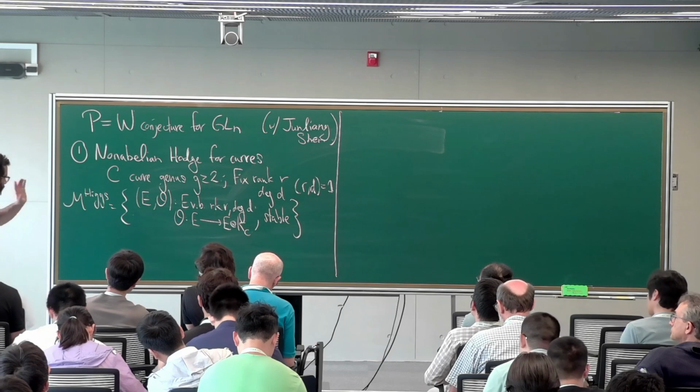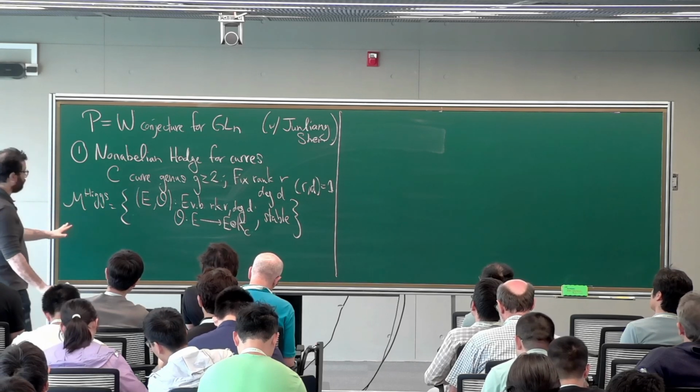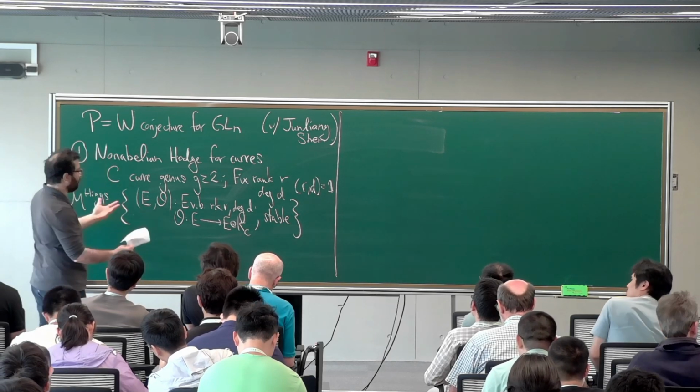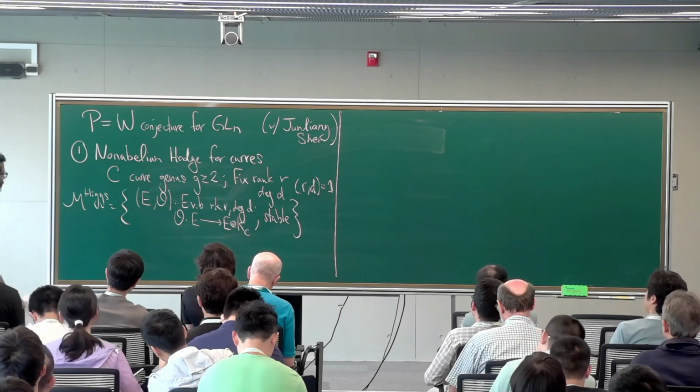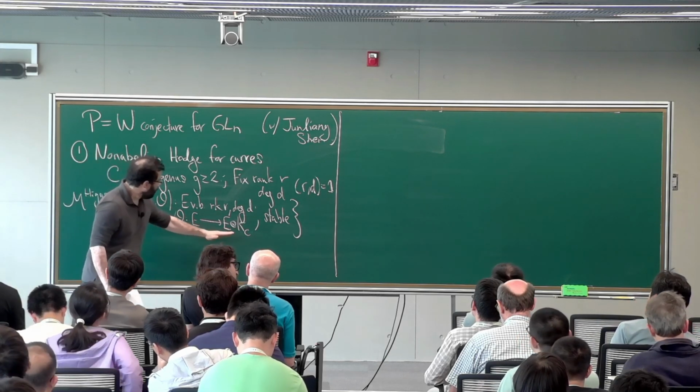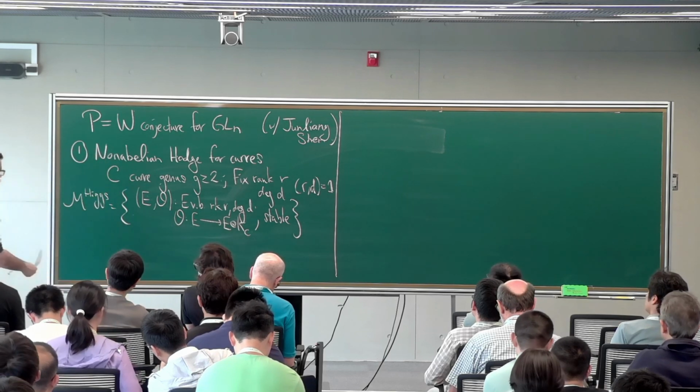I won't write down the definition of stability, but if you're familiar with stable bundles for a curve, it's the same definition involving the slope, the ratio of the degree to the rank, except I'm only going to consider subbundles that are preserved by this twisted endomorphism.